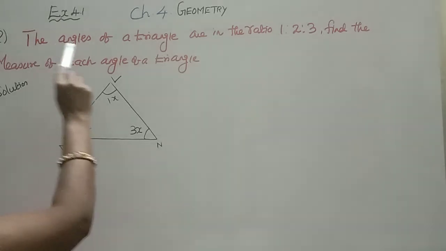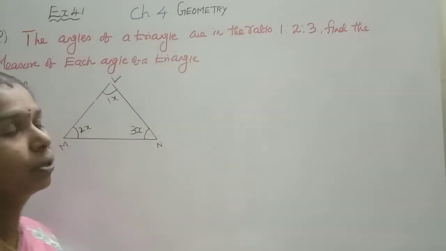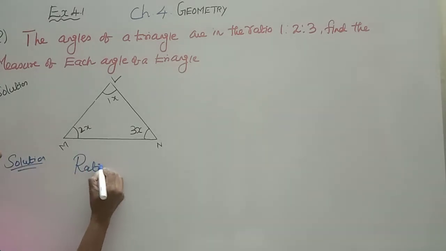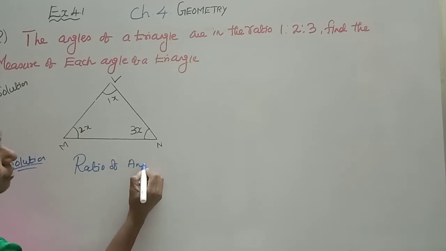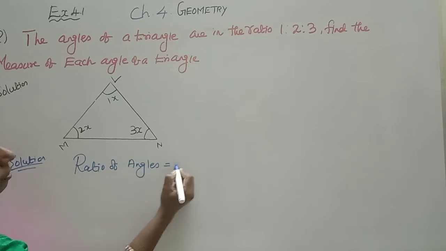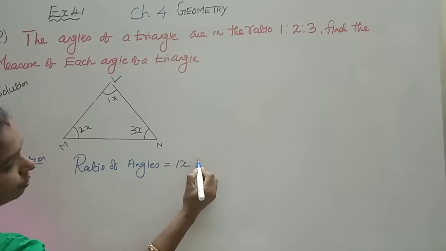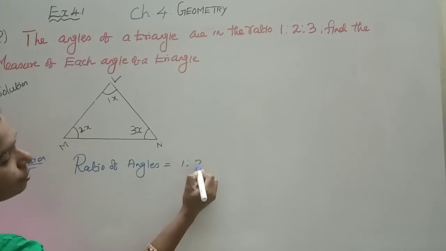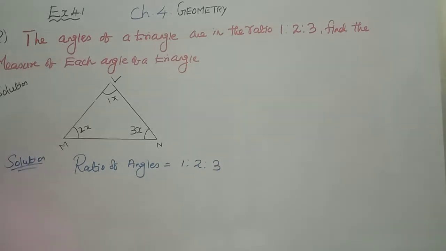Second sum. The angles of a triangle are in the ratio 1:2:3. Find the measure of each angle of the triangle. So, solution: here they have given only the ratio, so we don't have any angles. So first you write the ratio of angles equal to 1x is to 2x is to 3x. The ratio of the angles is 1:2:3.